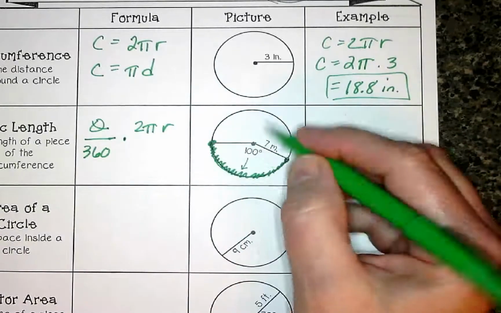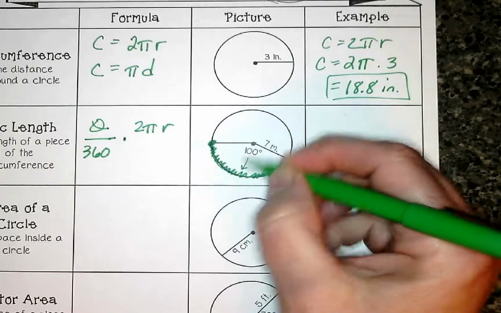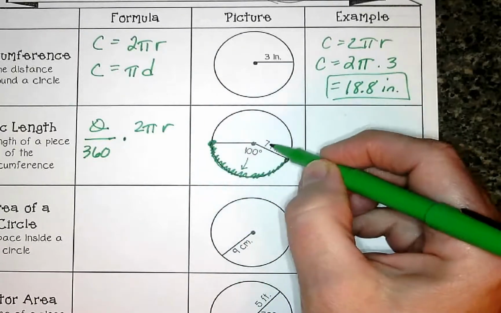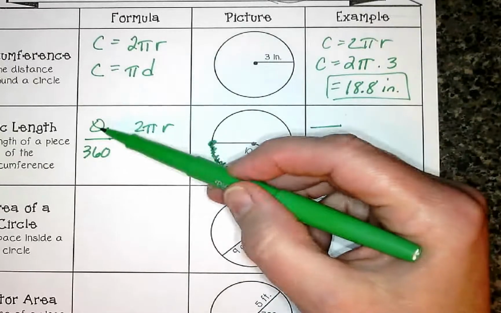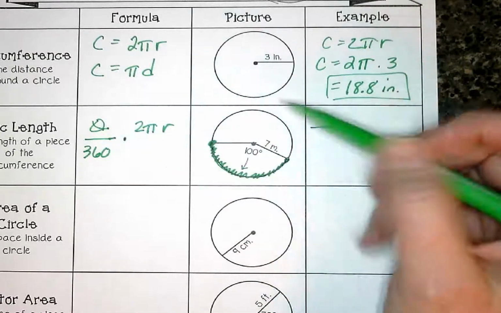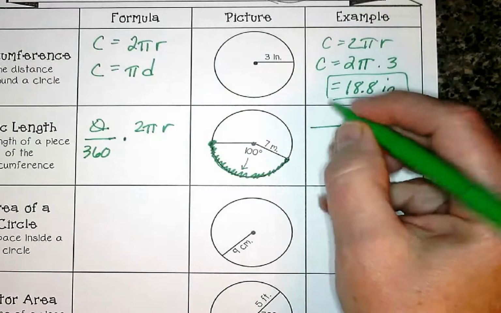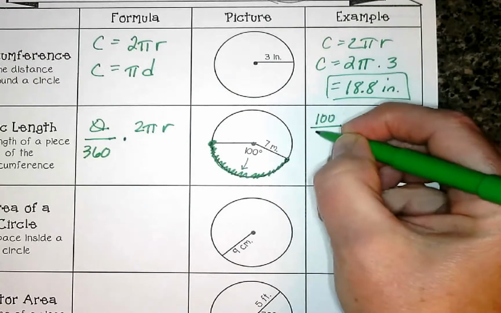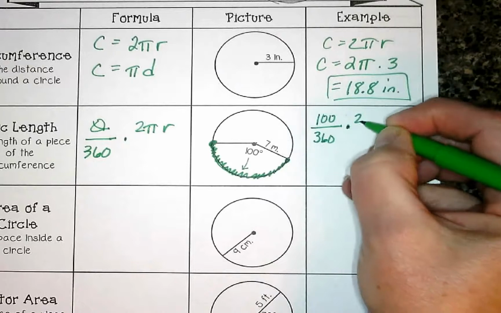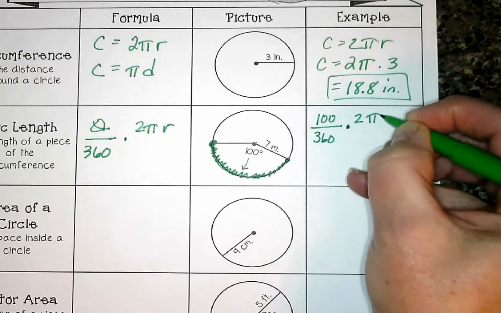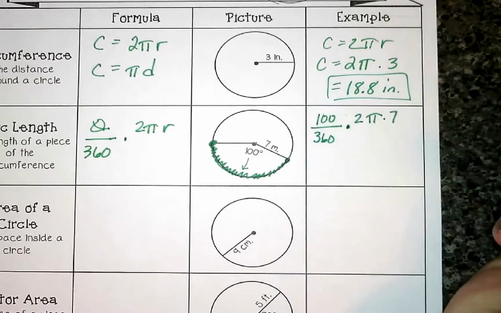So when I look at this picture, I can see the angle that goes with this arc is 100 degrees and the radius is 7. In place of the angle, we use theta. I'm going to put 100 over 360 times 2 times pi times 7.